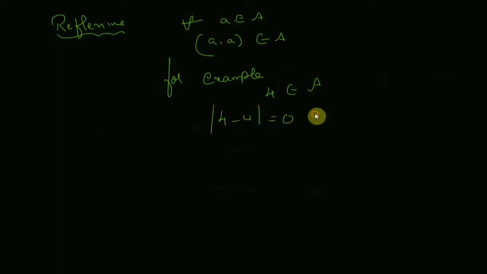The modulus of 4 minus 4 is 0. Now, 0 is a multiple of 4. That means (4, 4) belongs to R.